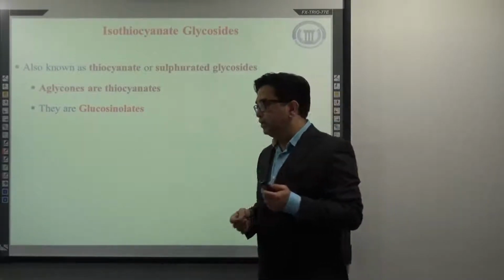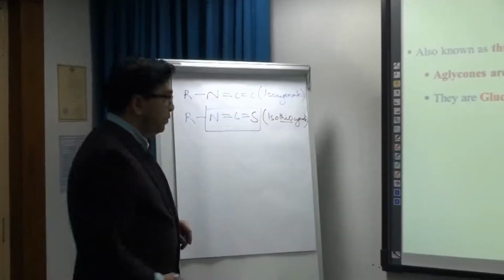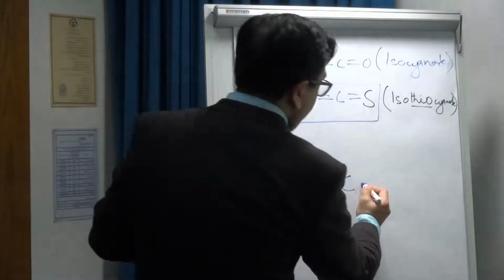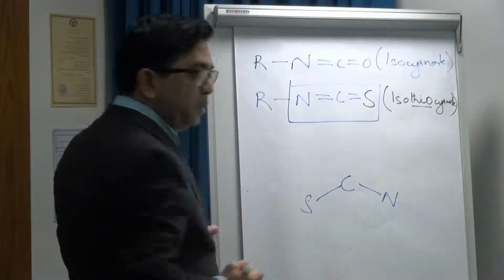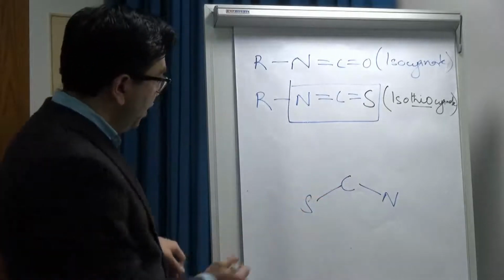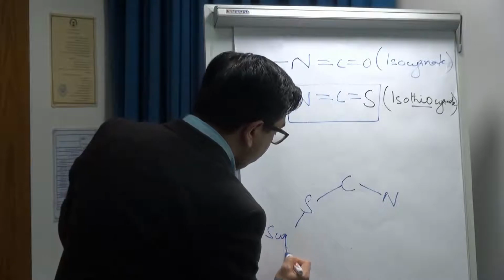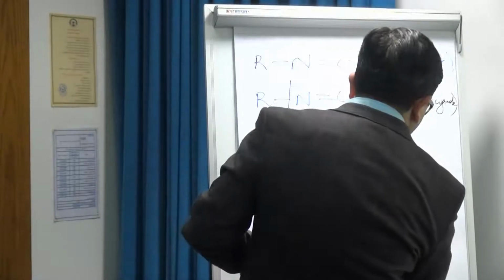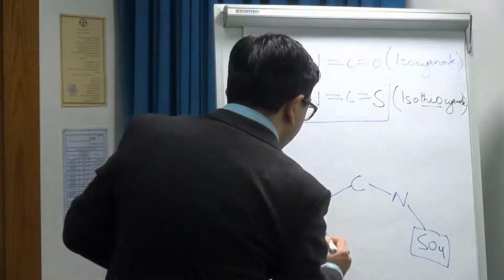Let us have a look at the structure. As I mentioned, glucosinolate contains a central carbon atom which is attached to nitrogen on one side, and on the other side it is attached to sulfur. You can see again, it contains an isothiocyanate system, and via sulfur it is attached to sugar, and via the nitrogen atom it is attached to a sulfate group.